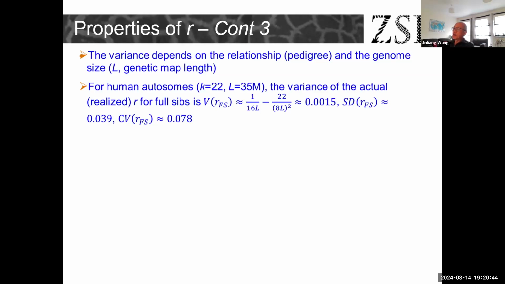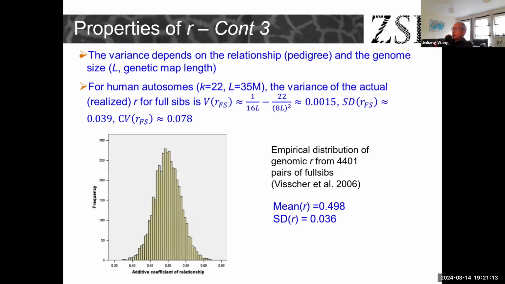So using this human genome, we can calculate the variance of the realized relatedness between full siblings. It is 0.0015, and the standard deviation is 0.039.